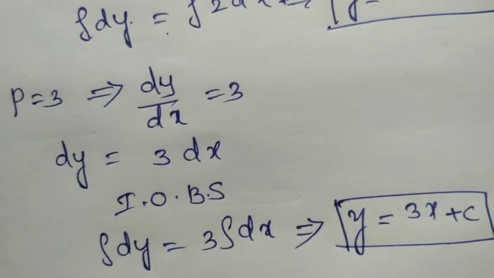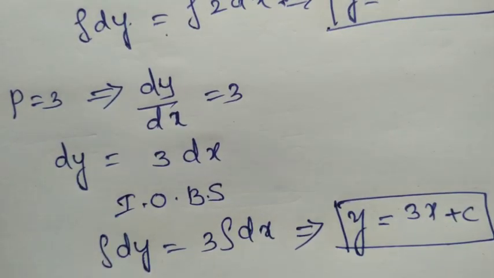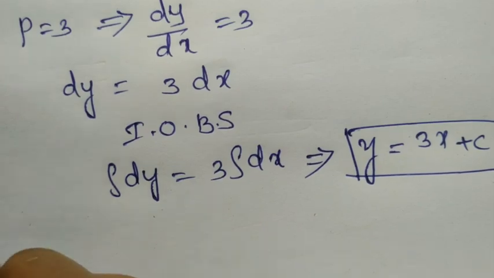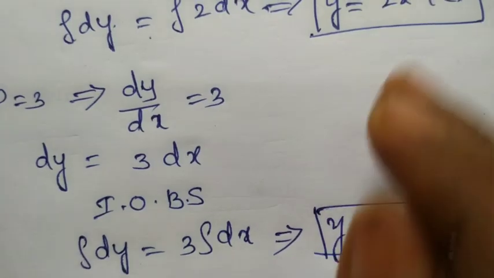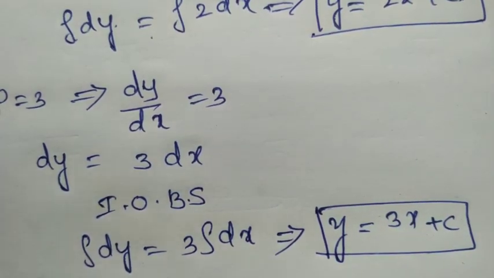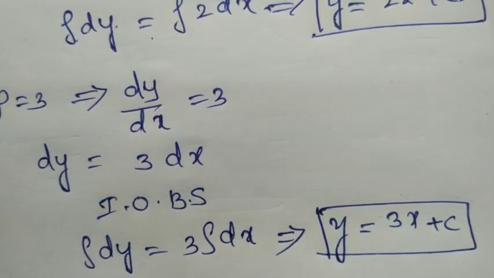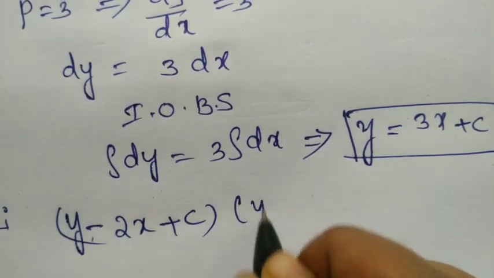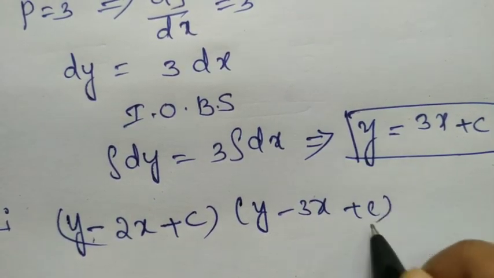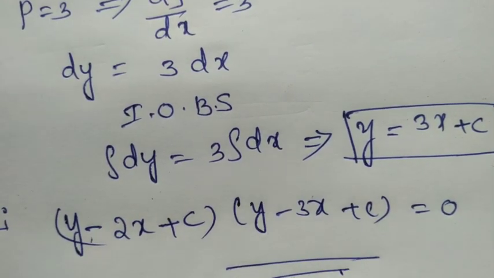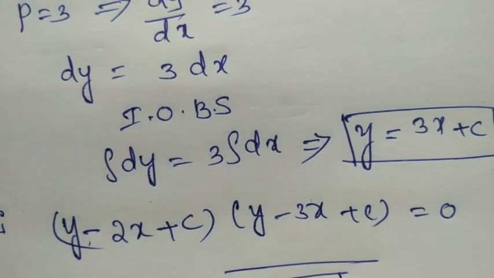Therefore finally our general solution is combining these two equations, that is y minus 2x minus c into y minus 3x minus c equal to 0. So this is the general solution of solvable for p.